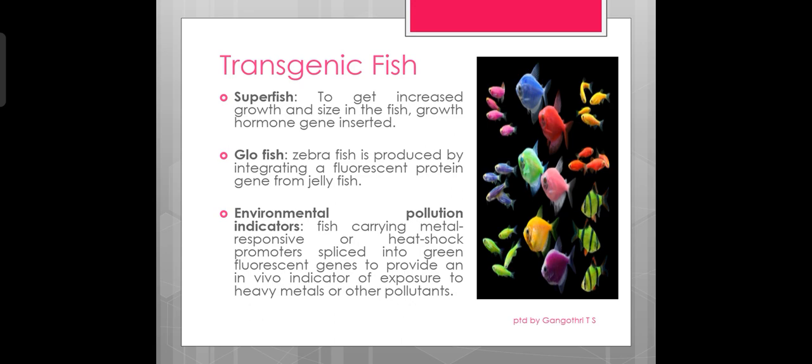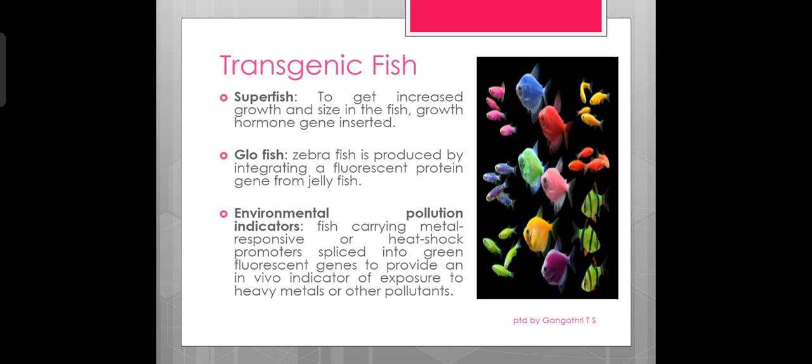Glowfish, genetically modified. It is a genetically modified freshwater zebrafish. The scientific name is Danio rerio, commonly known as zebrafish. It is a freshwater fish that is produced by inserting a fluorescent protein gene.